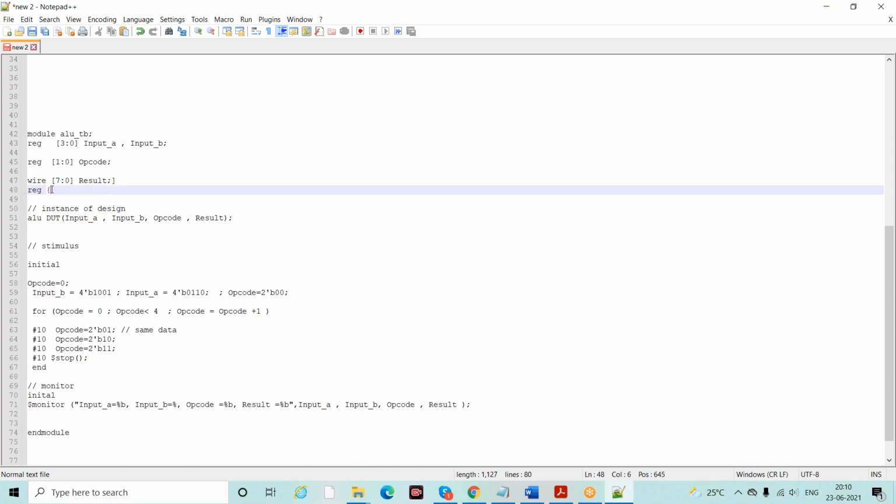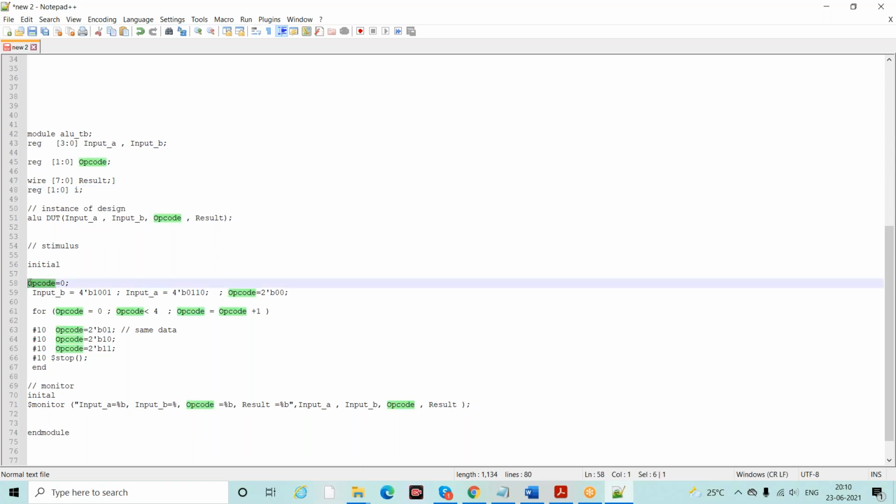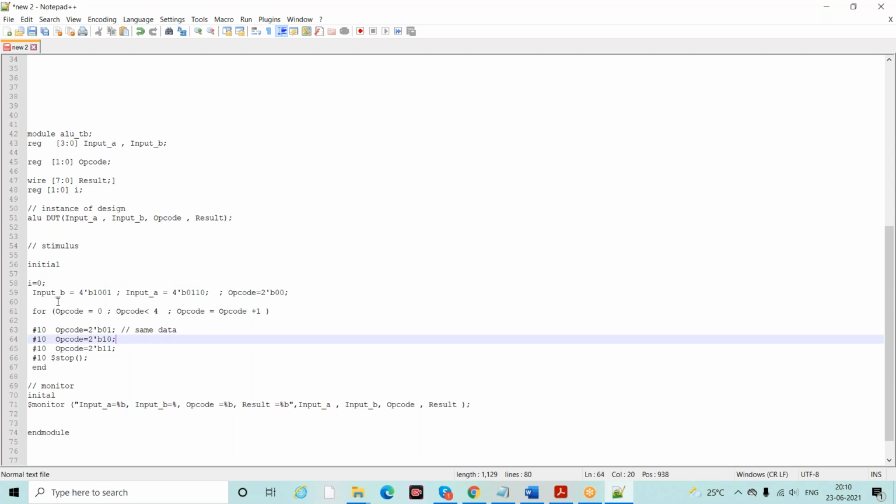The register width is the same. What is the opcode width? Here also the same. I hope you understand this. Register, I can take it as K or I. So here initially I equals to 0.